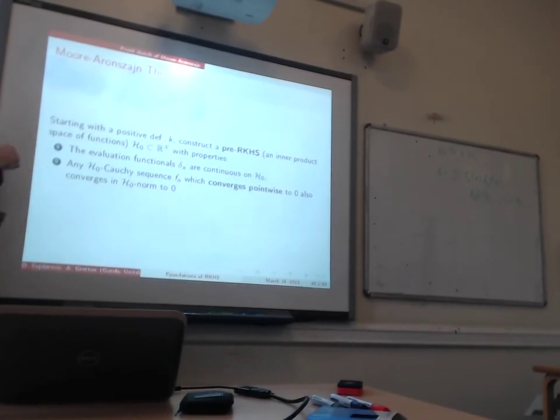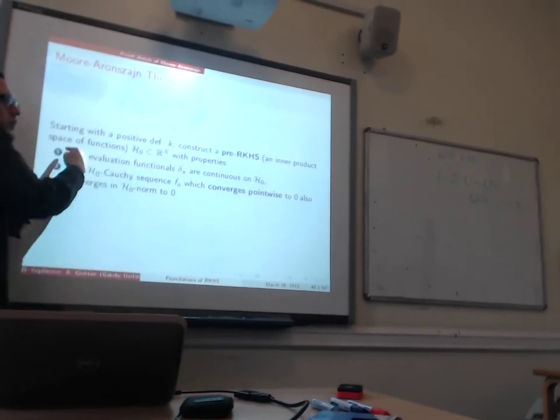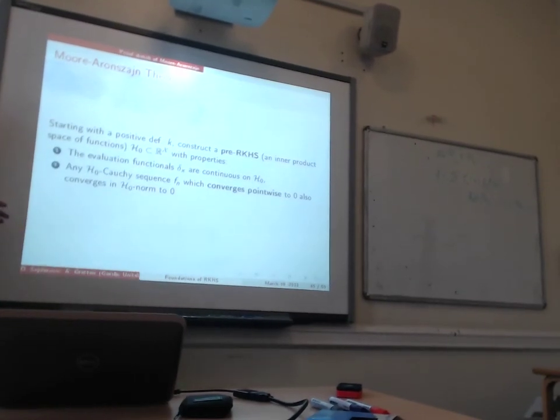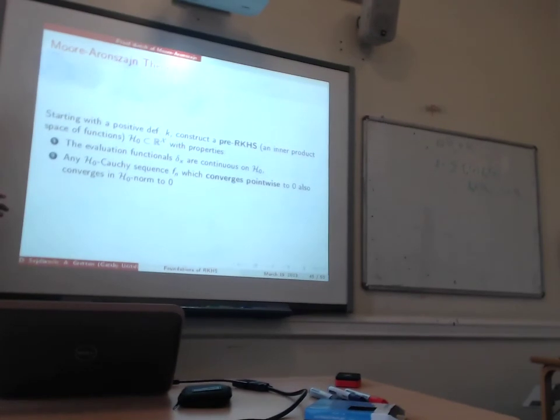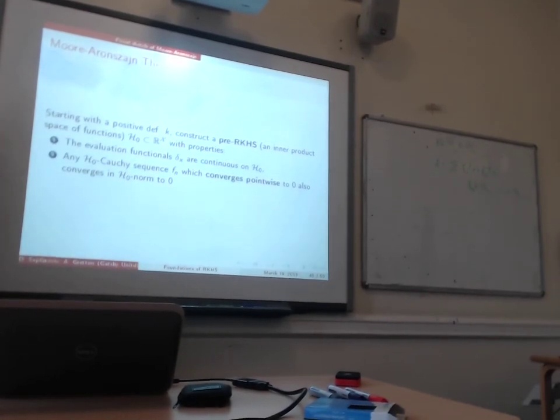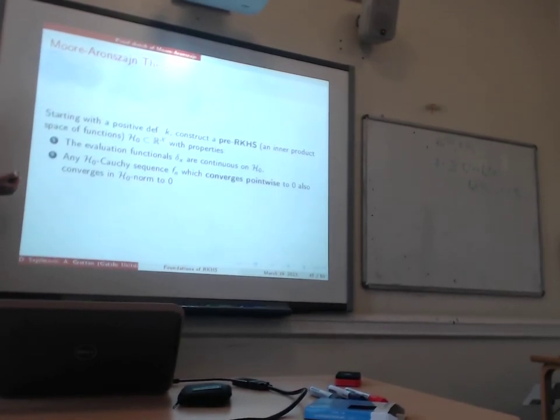First of all, the evaluation functionals are continuous on that space. That's something that we want from the RKHS as well, but we first have to show it on a simpler space. And the second property is somewhat more technical: every Cauchy sequence in the space that we construct has to satisfy that whenever it converges pointwise to 0, it will also converge to 0 in the norm that we endow the space with.